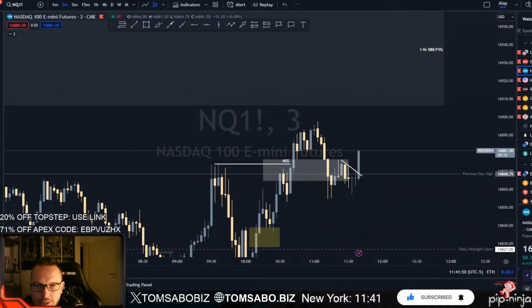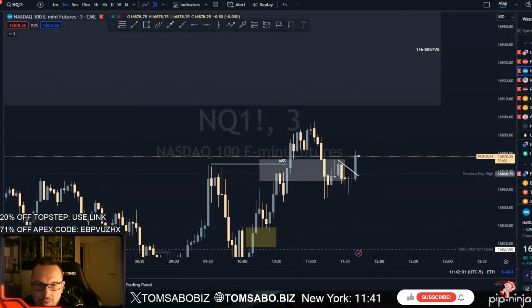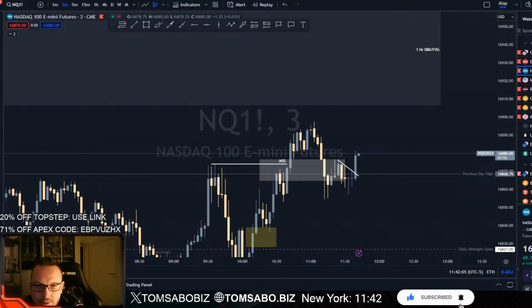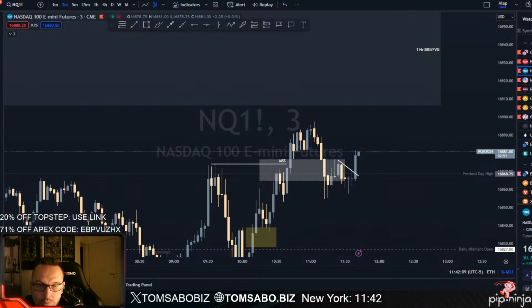Is it gonna go or not? I'm just curious if this trend line is gonna push it higher or not. Usually it retraces some and then makes the real move, but let's see if it's really going to push it or not. Again, we're in a bullish breaker, so technically it can go.